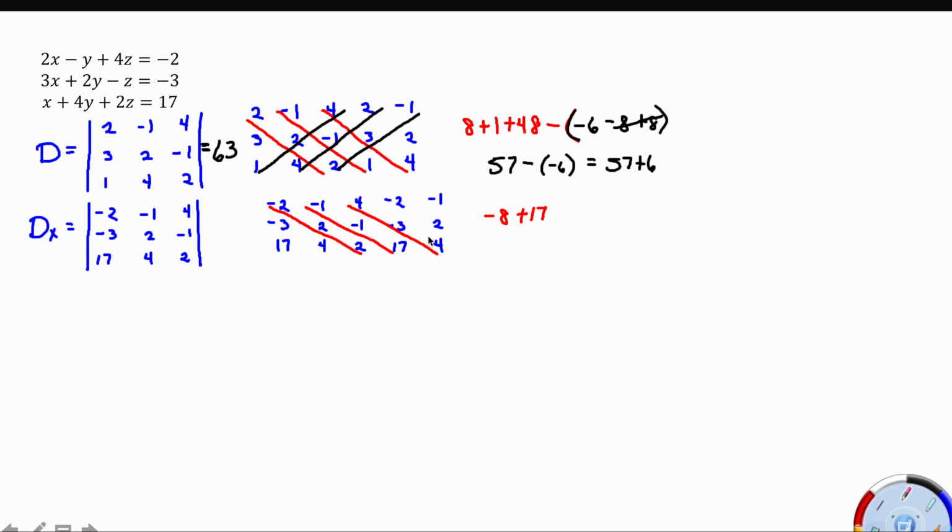4 times -3 times 4, so minus 48, and then it's going to be minus -1 times -3 times 2, so positive 6, plus -2 times -1 times 4, so positive 8, plus 4 times 2 times 17.